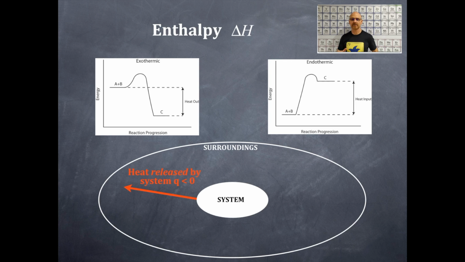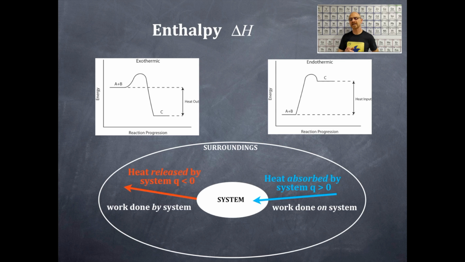That is negative. This is work is done by the system. The other side of this coin is heat is absorbed by the system from the surroundings. This is when Q is greater than 0, that is positive. And this is work is done on the system.